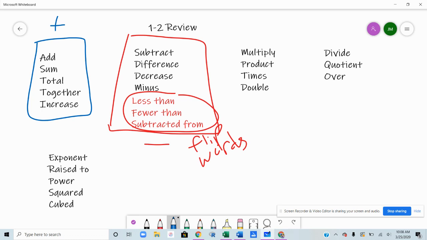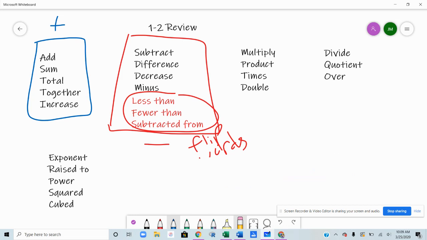So it might say x decreased by 3. So that means x is decreased by 3. X minus 3. It might say subtract x and 3. It might say the difference of x and 3. All of those would say x minus 3.